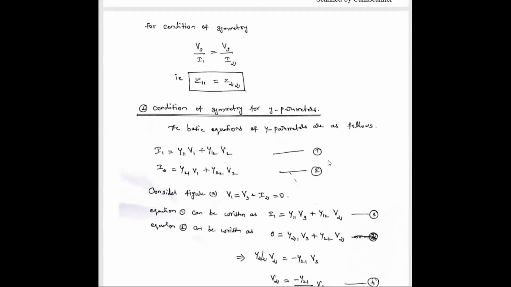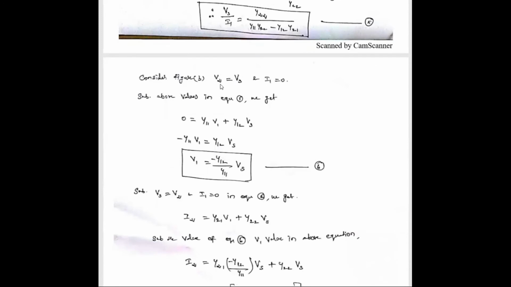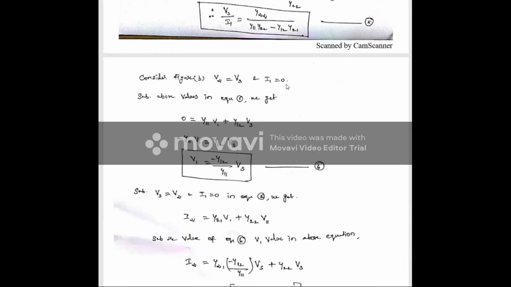Okay, similarly you have to consider the figure B. So for figure B, we have to apply the source voltage at the output port, that is the V2 value is vs, and the input port is short circuited, so I1 equal to 0. Okay, so substitute the above value in equation number 1.